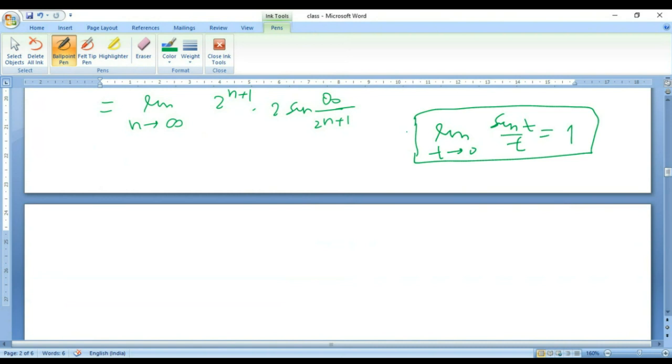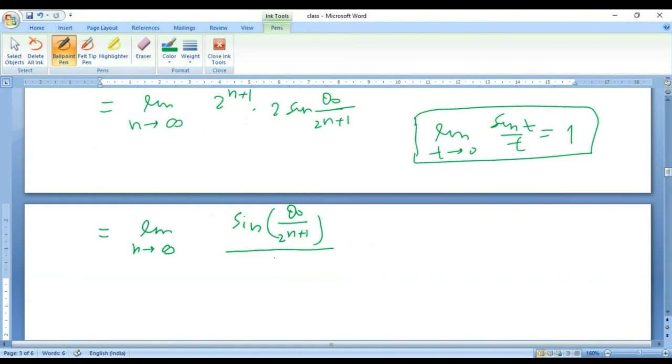Using this, we can write this as the limit n tends to infinity of 2 to the power n plus 2. So this will be 2 to the power n plus 2. So I don't disturb this, I will just write sine of theta naught over 2 to the power n plus 1 whole upon, it's like adjusting, theta naught over 2 to the power n plus 1.